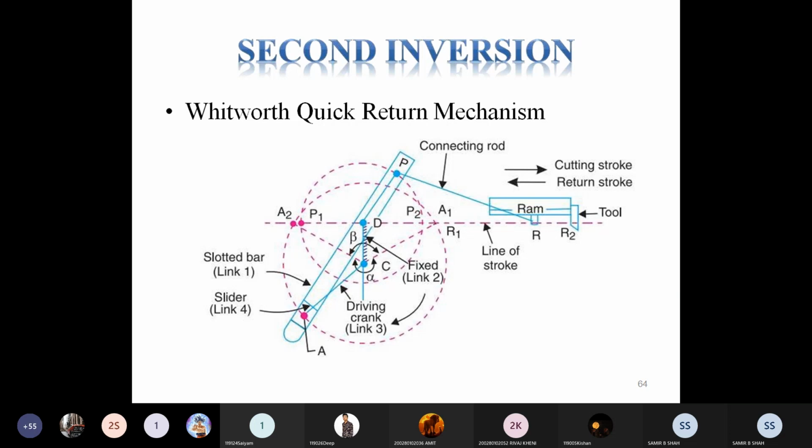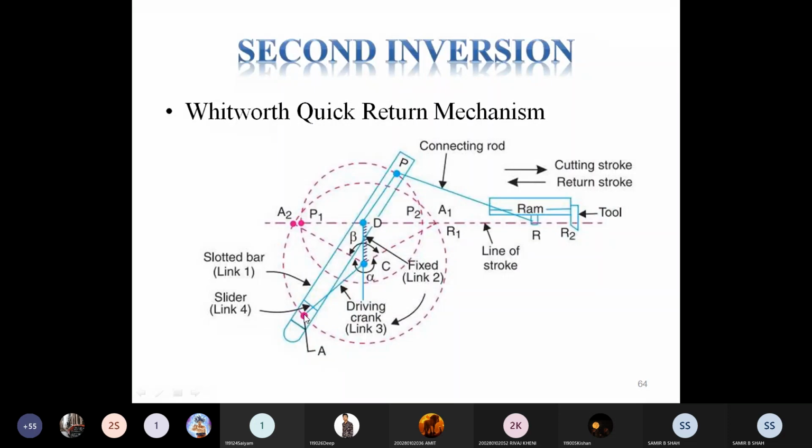at point A. This point is known as the crank pin, and link 4 slides along the slotted bar. The slider is link 4 and the slotted bar is link 1.